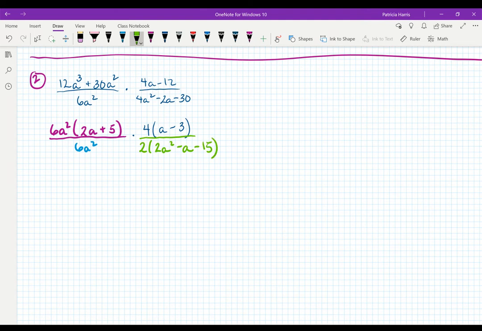So I get something like that. Now the problem with stopping there is that 2a squared minus a minus 15 is still factorable. So I'm going to factor this right here again.